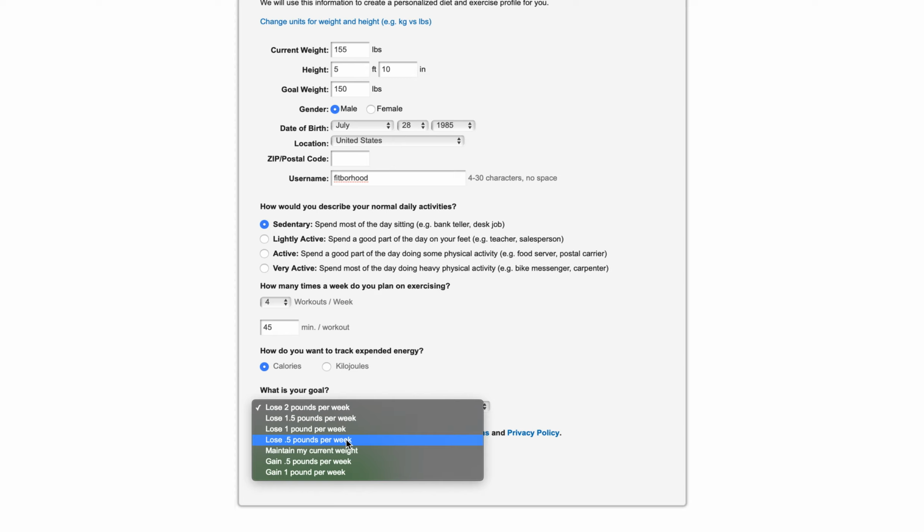Now, some people, when they undergo a weight loss regimen, can lose weight faster or slower. So a lot of times people that have more weight to lose, their bodies will just burn more calories doing the same exercise that a person with less weight to lose will burn.